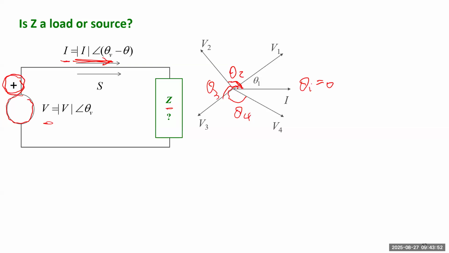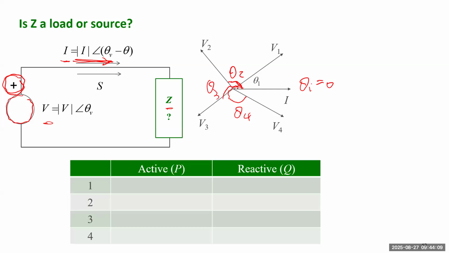Then for those 4 cases, how do we know the real role of this load? We have to calculate the complex power. Then using the complex power, we know P and Q. Based on the sign of P and the sign of Q, we know their actual behavior in that condition. So we just put this table.